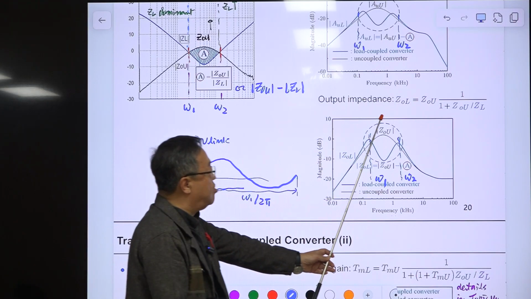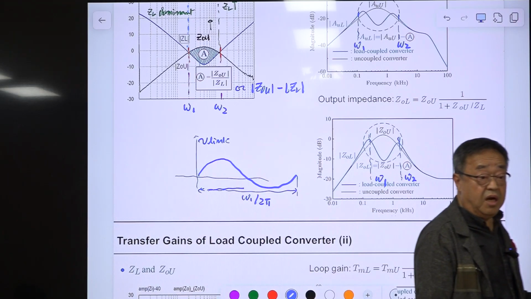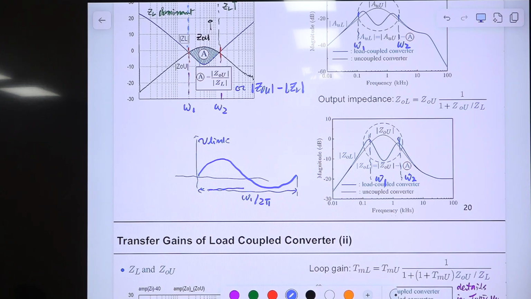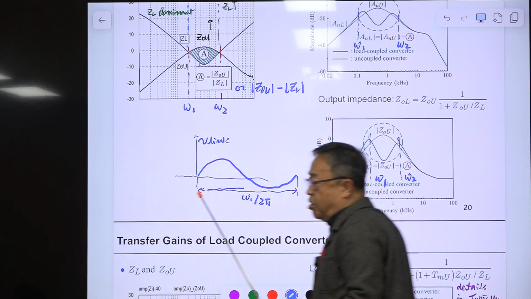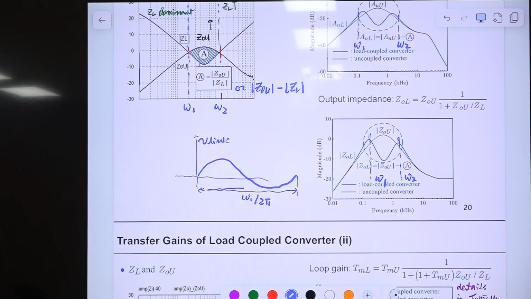Then think about this. This is coming at higher frequency, and this peaking is small. So this overshoot, undershoot will be smaller, but frequency will be very fast, okay? So it will show second one, something like this.